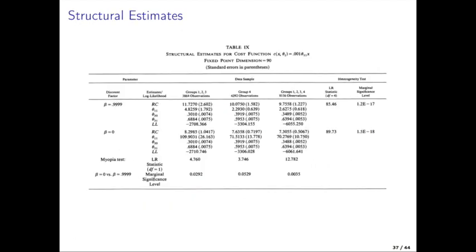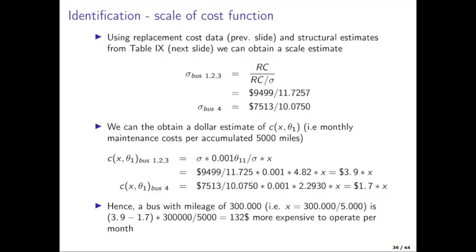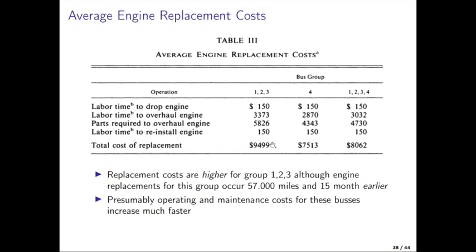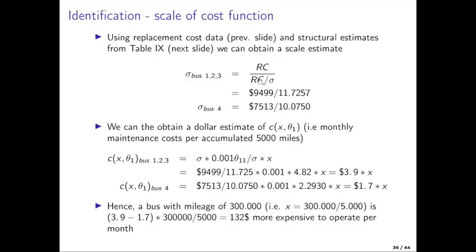This is for the fixed point dimension of 90, and then what we have is the actual replacement cost from this slide, and then the estimate, which is RC divided by sigma. Now if we divide those two with each other, you would have the scale of the error term identified in some sense. So we can do that.